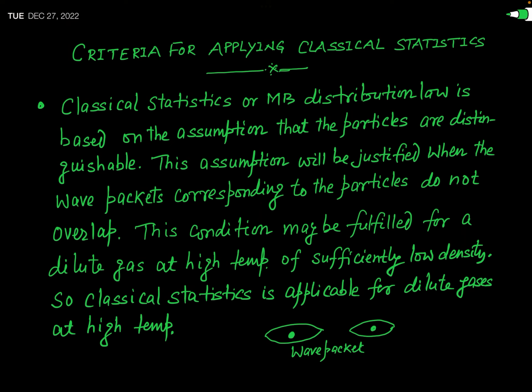So for distinguishability of particles, it is a must condition that the wave packets associated with the particles do not overlap, they do not superpose. But how can we say that the wave packets associated with particles do not overlap?